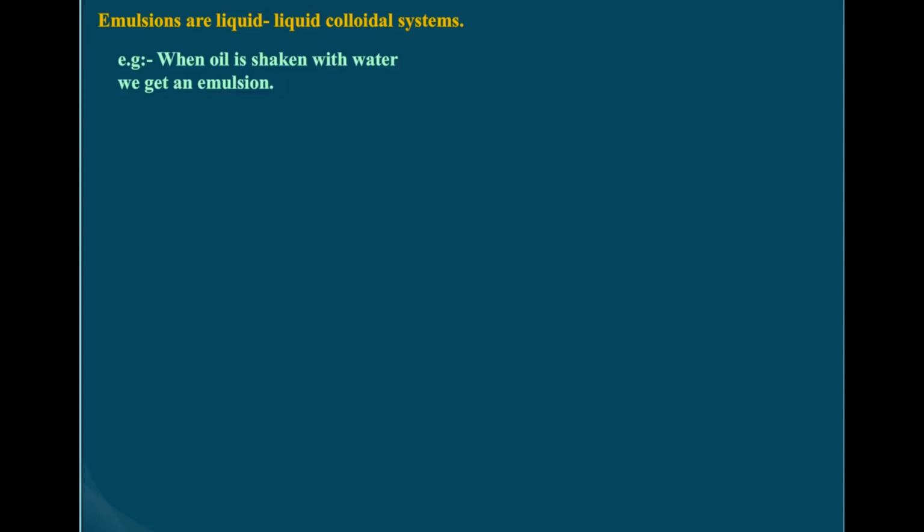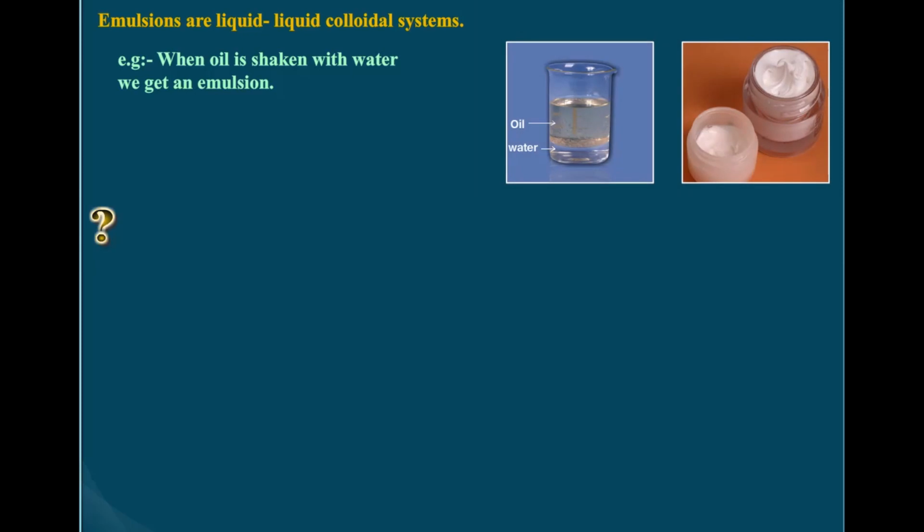If a mixture of two immiscible or partially miscible liquids is shaken, a coarse dispersion of one liquid in the other is obtained, which is called an emulsion. So emulsion is simply liquid dispersed in liquid. They are liquid-liquid colloidal solutions. When oil is shaken with water, we get an emulsion.